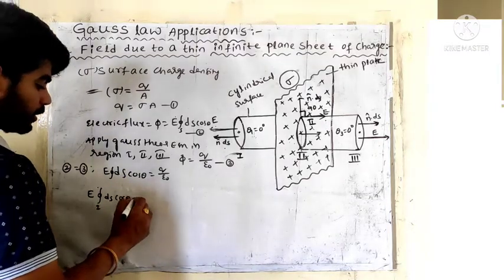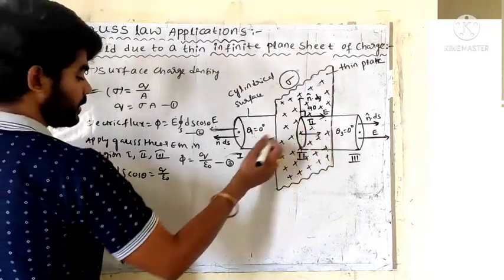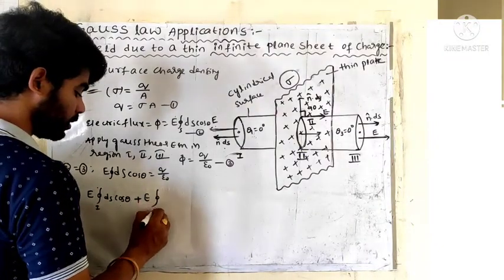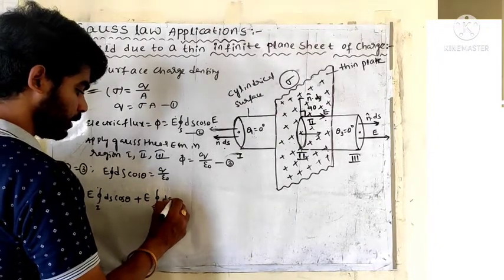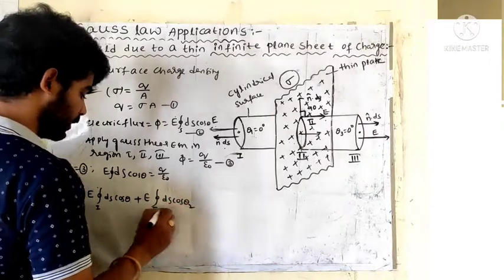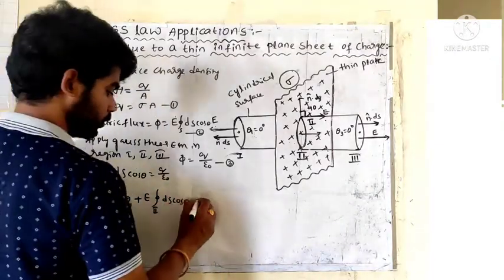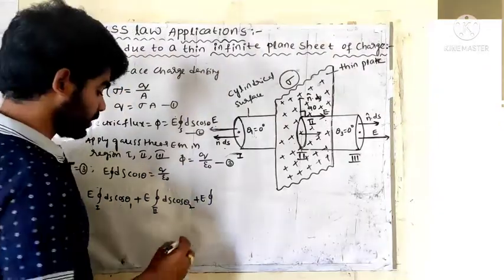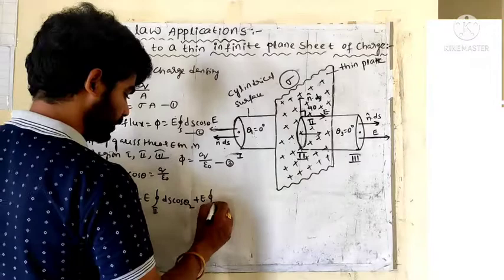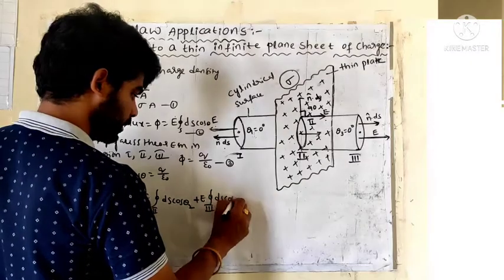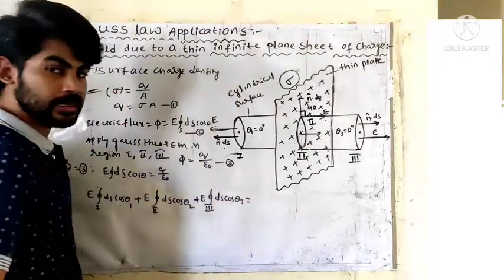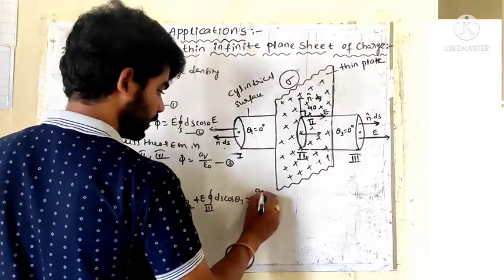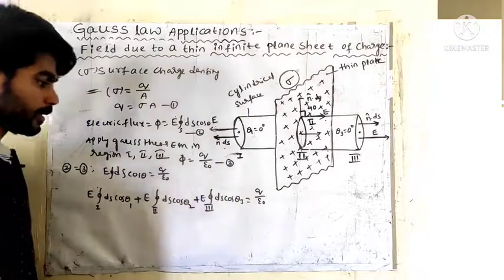Here theta is equal to 0, then we can substitute for region 2. So the electric field E, closed surface integral at region 2, ds cos theta 2. So this is theta 1, that is theta 2, plus the electric field into the closed surface integral from region 3, ds cos theta 3, is equal to q by epsilon naught.